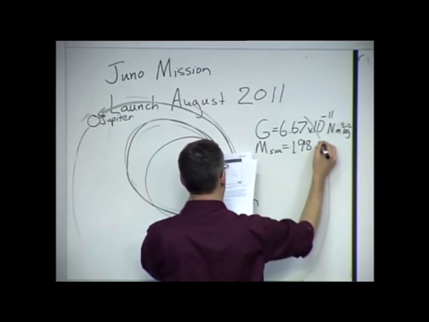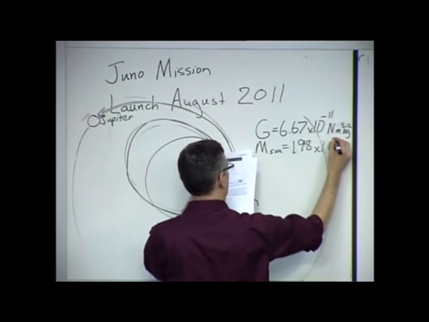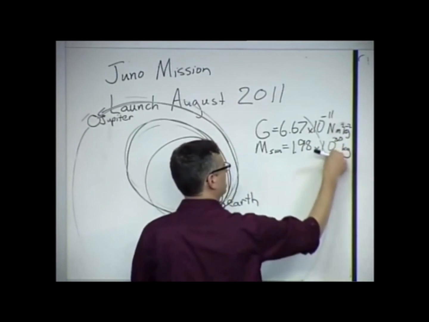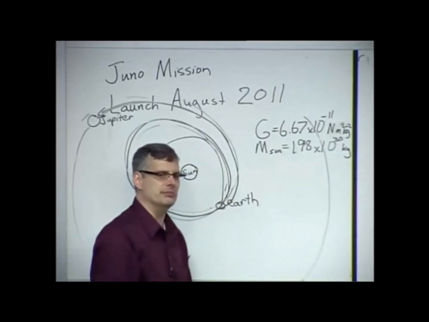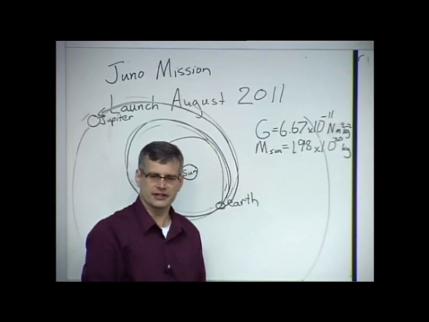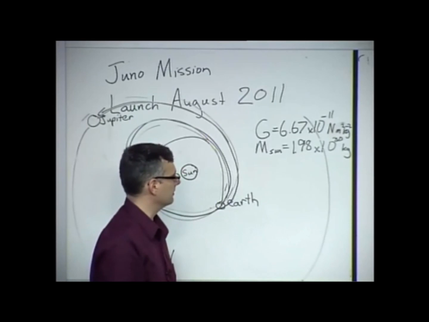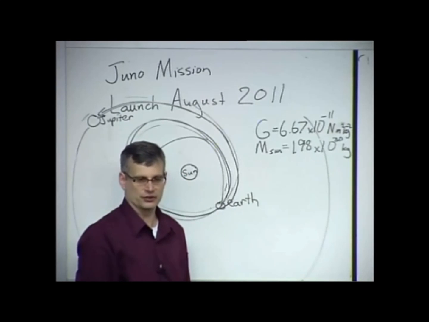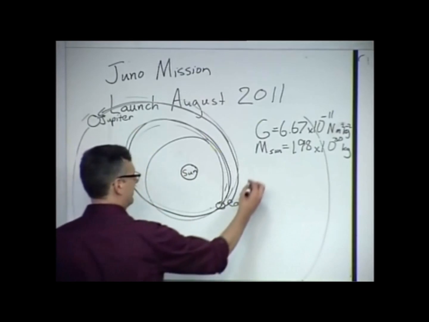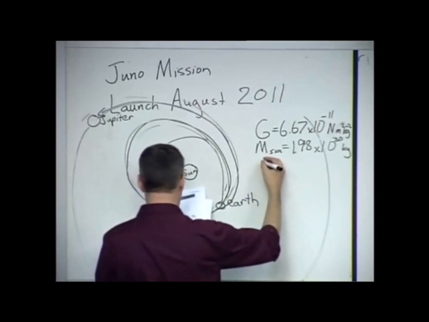Check this out. It's about 2 times 10 to the 30 kilograms. When the exponent gets that high, it starts to even be meaningless. What is 10 to the 30? It's like the national debt cubed. It's ridiculous. We don't understand numbers that big.